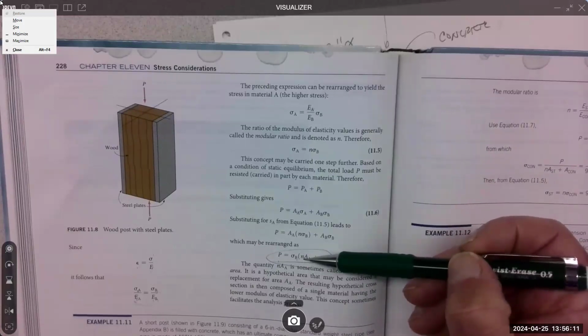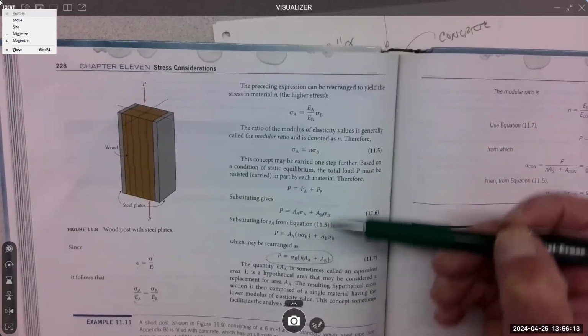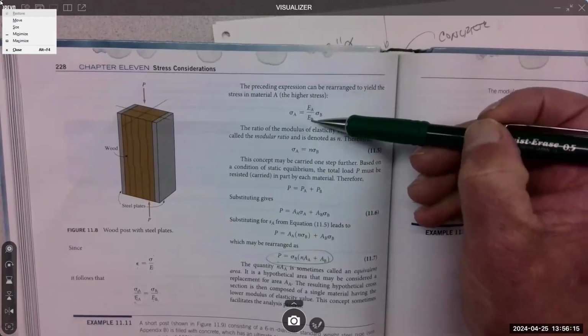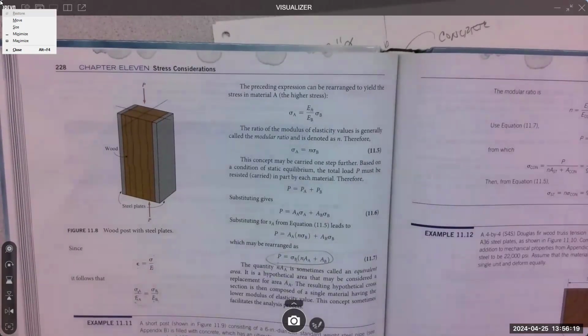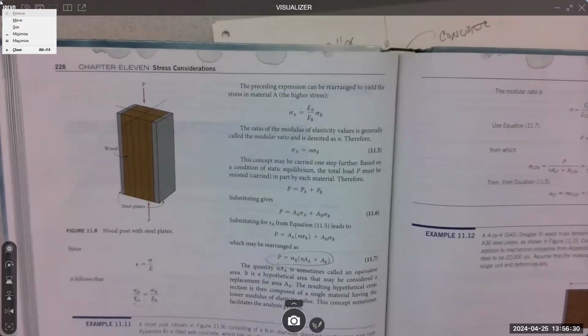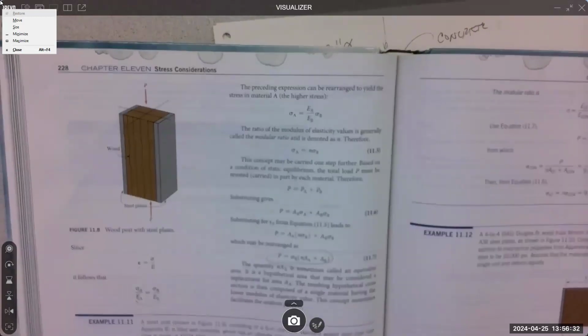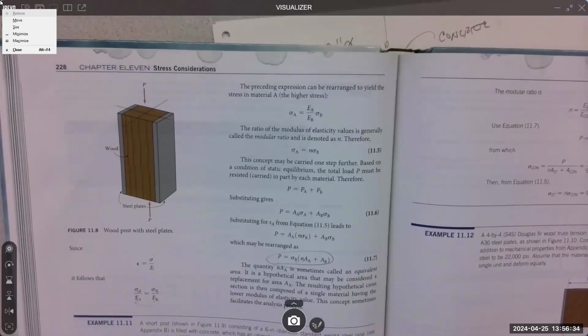N is what we call the modular ratio. That is EA over EB. So you just look these up. When you're given combined material of steel and concrete, you look up E for steel, it's material A. You look up E for concrete, it's material B, and you figure out the modular ratio. It's going to be like 2 or 1.7 or something like that.